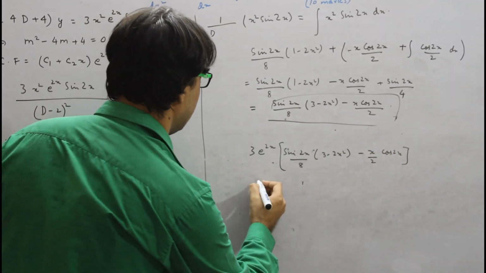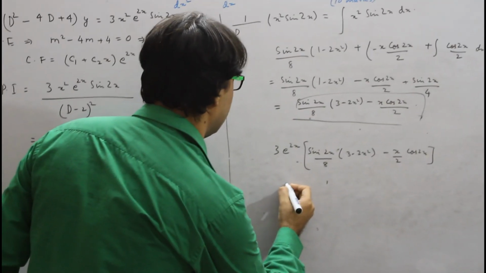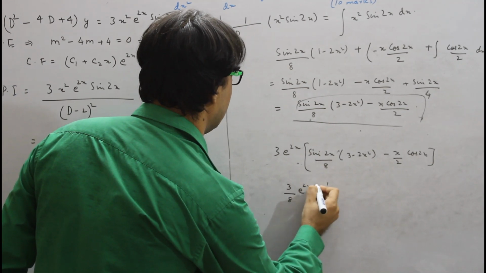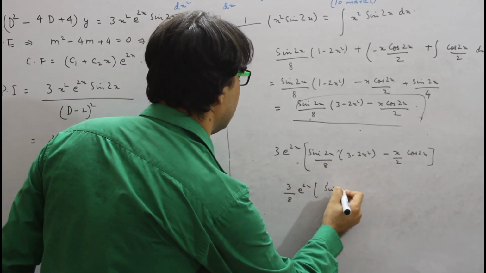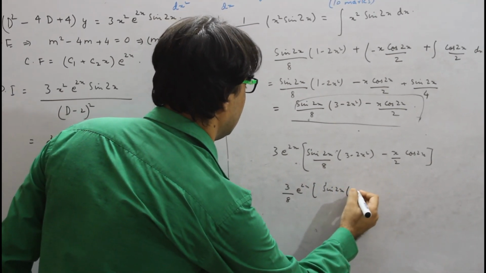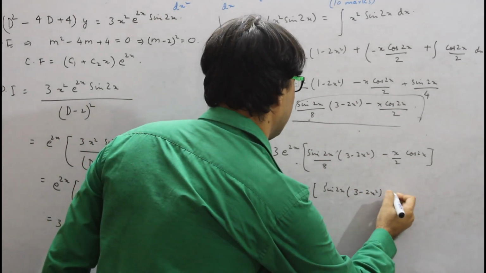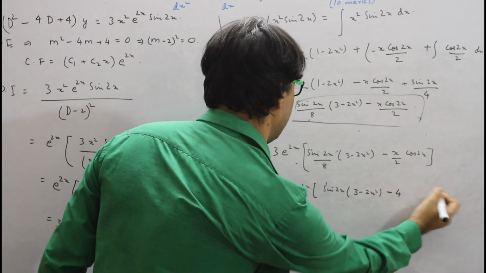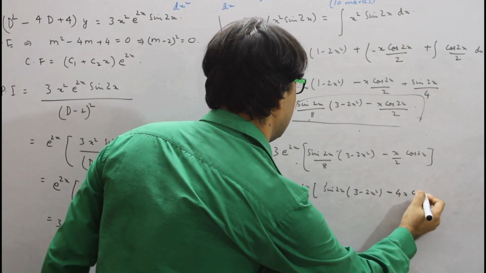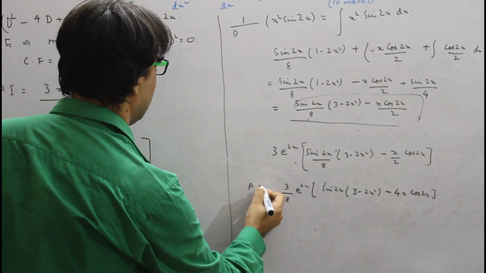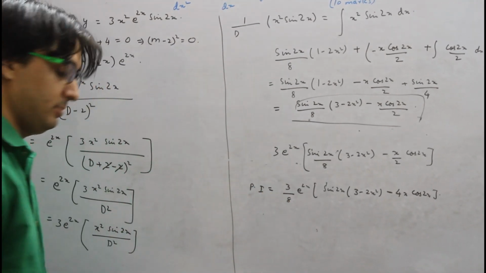So if we take 8 outside, we can write this as sine of 2x into 3 minus 2x, minus of 4x cos 2x. So this is our particular integral.